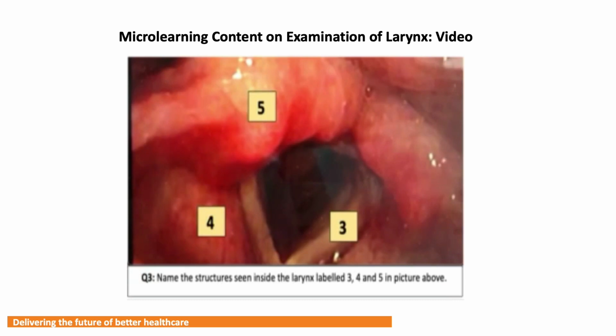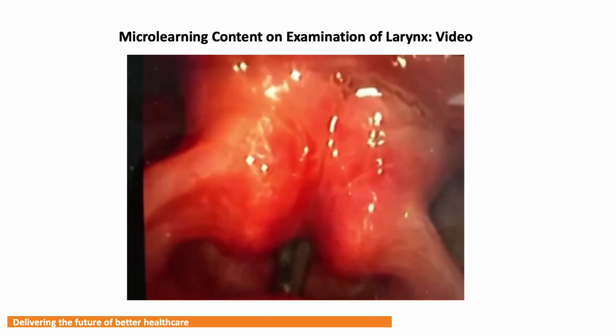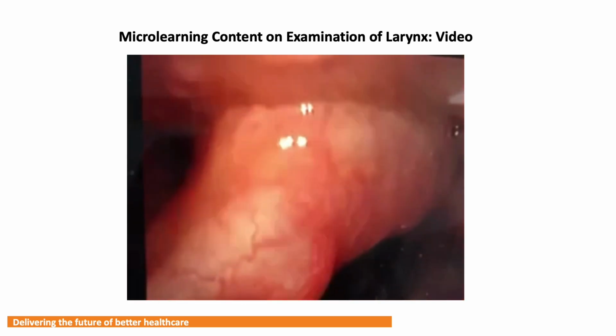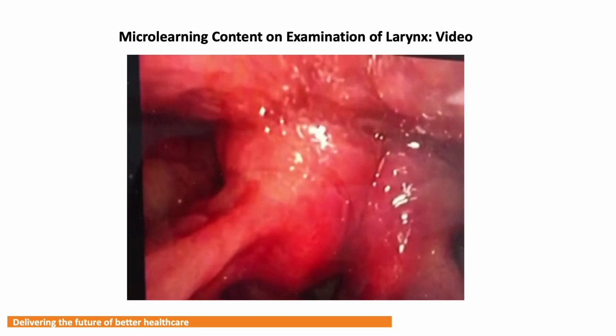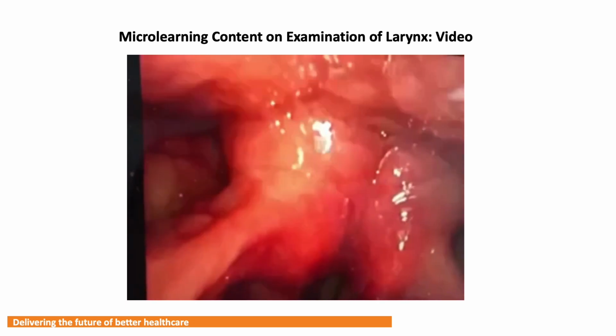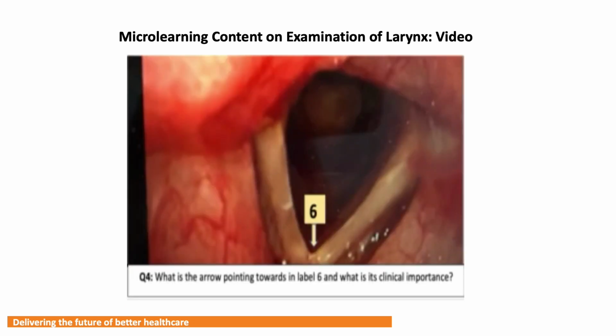Question number 3. Name the structure seen inside the larynx labeled 3, 4 and 5 in the picture above. Question number 4. What is the arrow pointing towards in label 6 and what is its clinical importance?